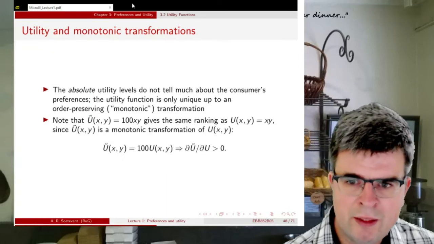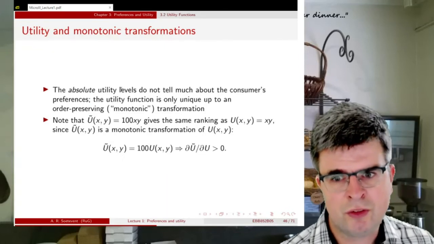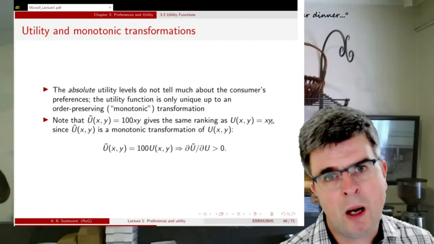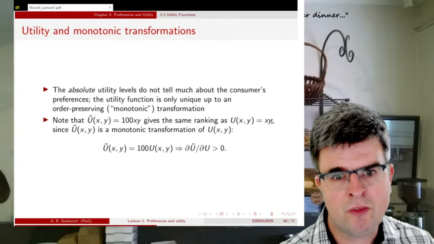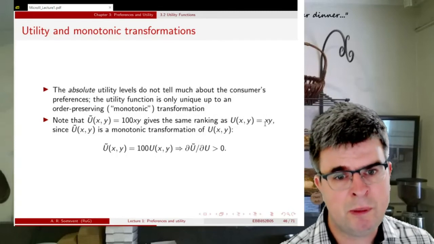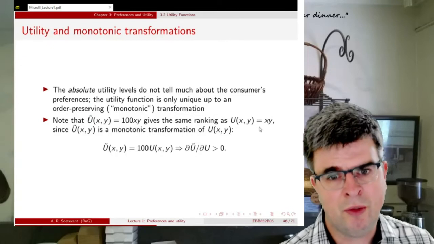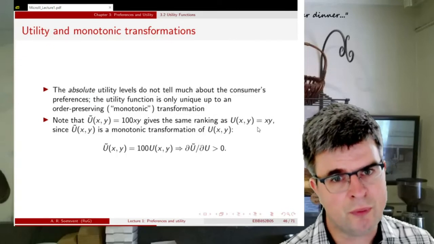So we had this original utility function, utility is equal to x times y. A monotonic transformation of that utility function would simply be to multiply the entire utility function by 100. And that will preserve the ranking.